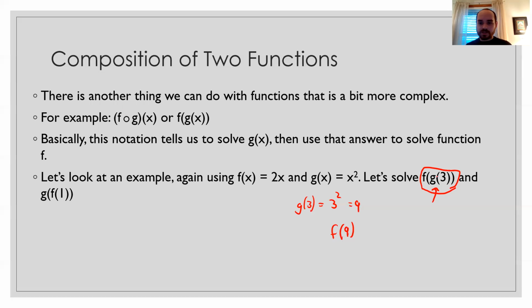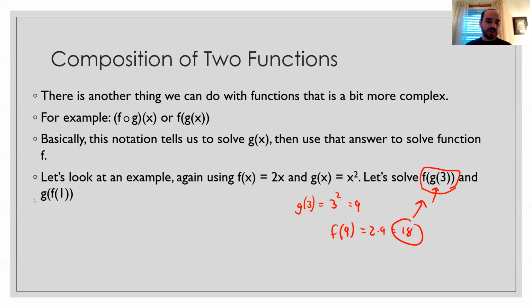G of 3 is equal to 9, so now we have f of 9. All we do is plug that into f of x, which is 2x. So f of 9 equals 2 times 9 equals 18. So f of g of 3 is equal to 18. All we did was we solved the inner function, and then we used the value we get from that, which is 9, to solve f of x.